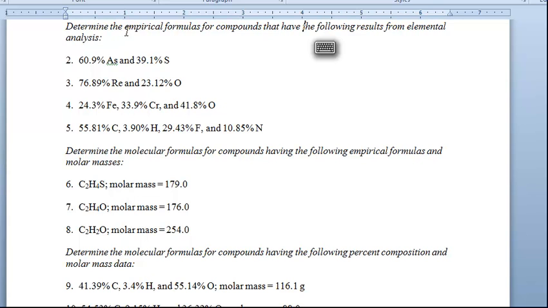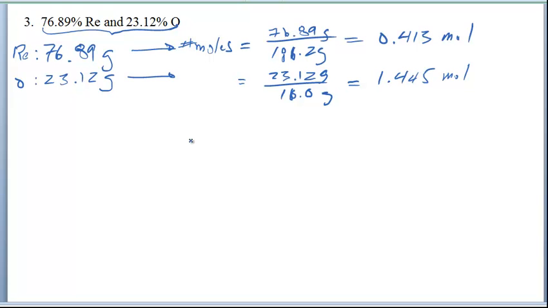All right, so now again, let's read the problem. The problem is saying find the empirical formula for these compounds. Okay, so how do we approach that? Well, the empirical formula is going to look something like this, where we have the mole ratios for subscripts. So what we can write at this point is 0.413, that's what we got for rhenium, and for oxygen we have 1.445.